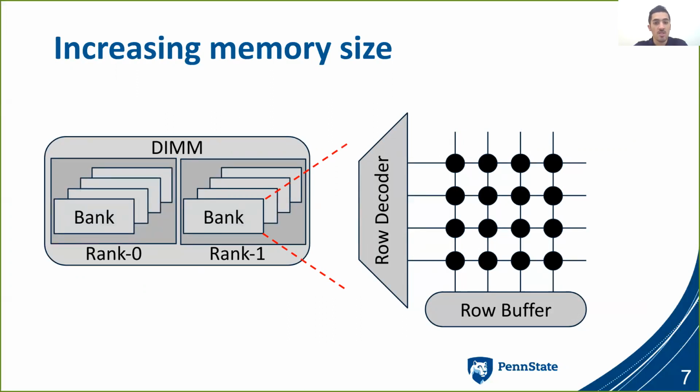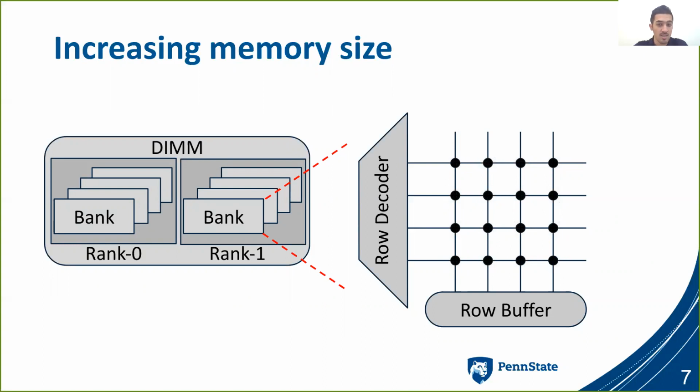DRAM vendors, for increasing the size of memory in their newer technologies, first reduce the size of each cell. That means each capacitor can store a lower amount of charge and lose its data or charge faster. This will result in memory cells needing to be refreshed more frequently.